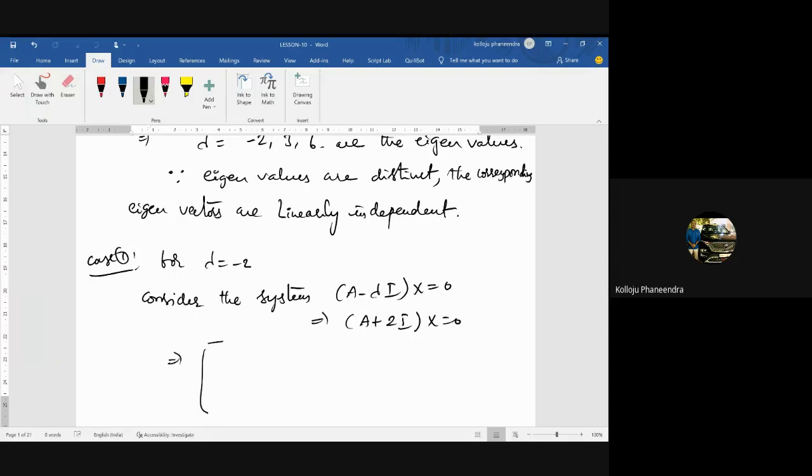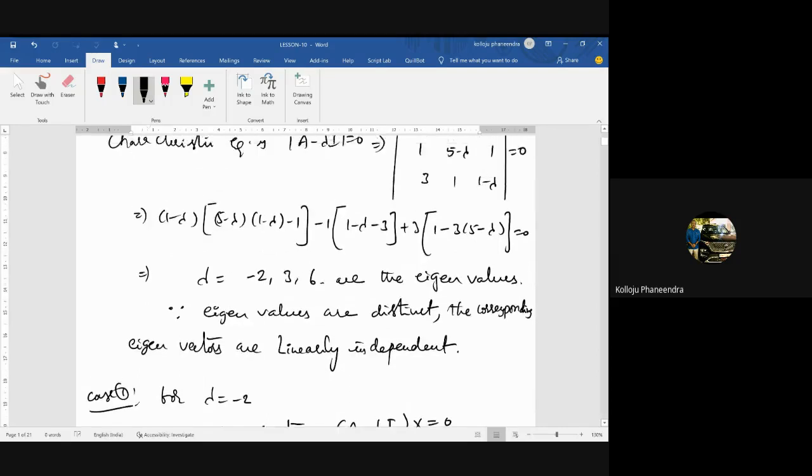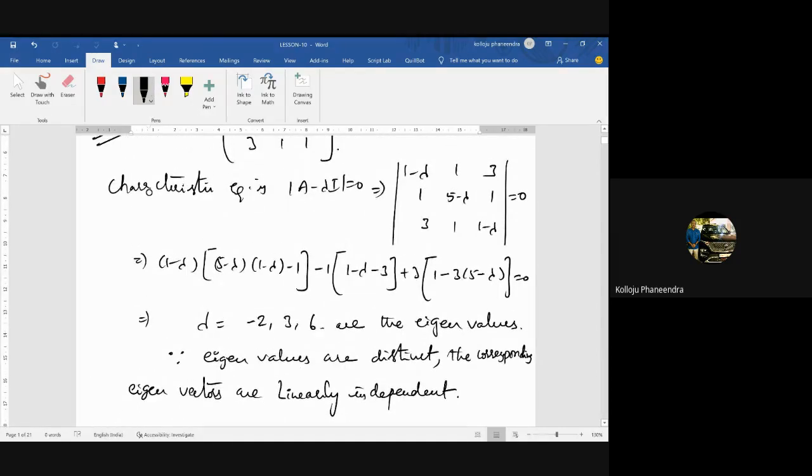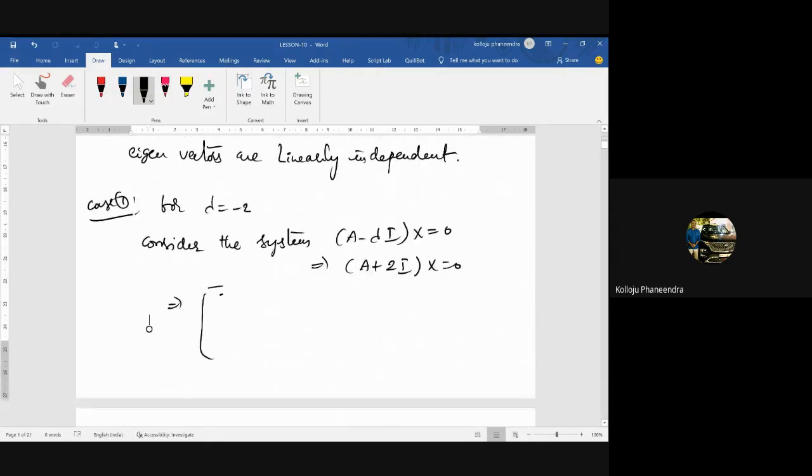So A plus 2I is [3, 1, 3; 1, 7, 1; 3, 1, 3] into x equal to 0.